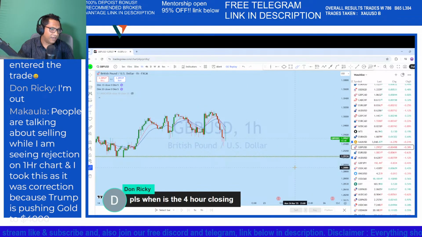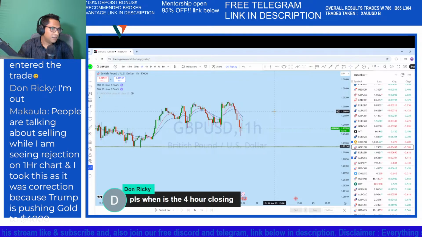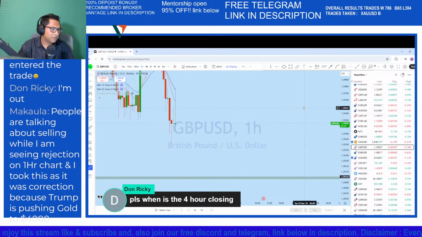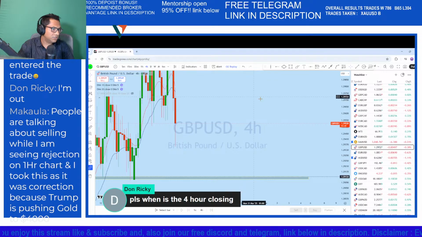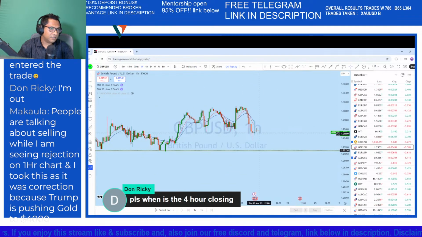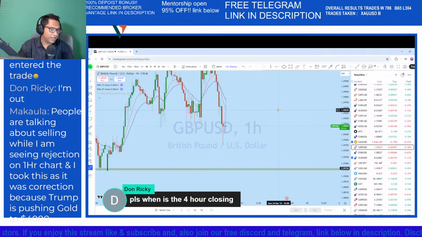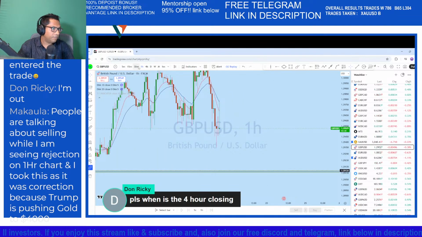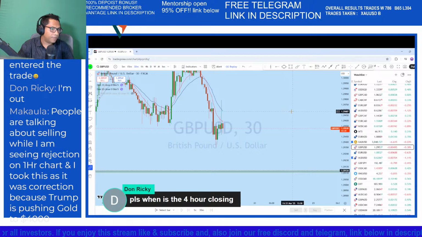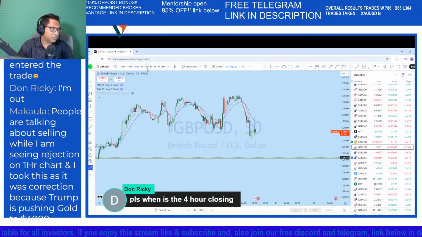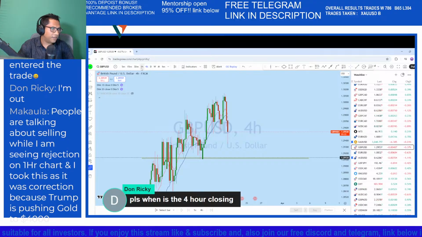With that being said, what you can expect here on GBP USD is that after this long weekly candle, we are expecting GBP USD to drop back here.